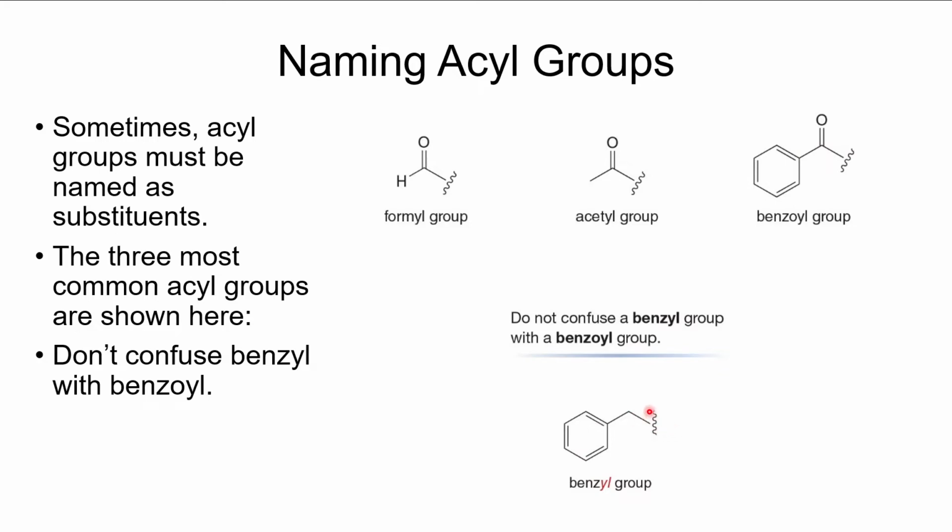And one way to help you remember this, although be careful with this, is that benzoyl has an O, so it has the oxygen, and benzyl doesn't have the O, so it doesn't have an oxygen. All right, hopefully that doesn't confuse you with some other substituents, because things will get weird later when we look at some other substituents.